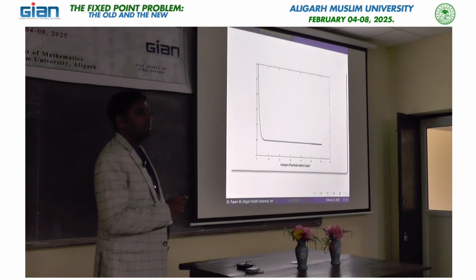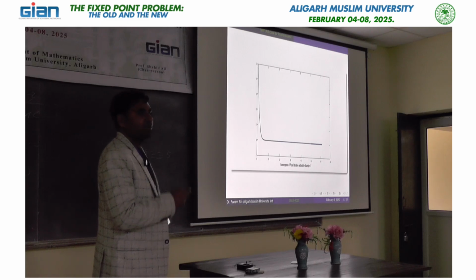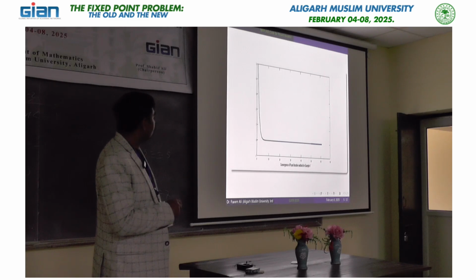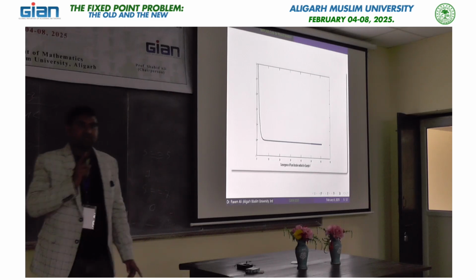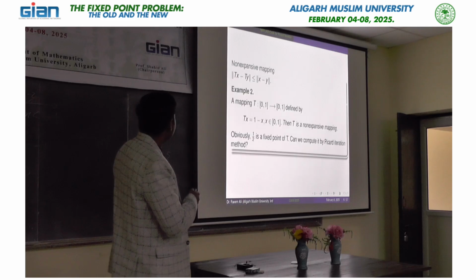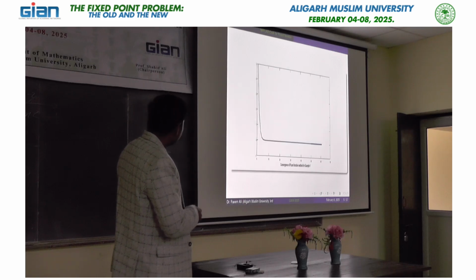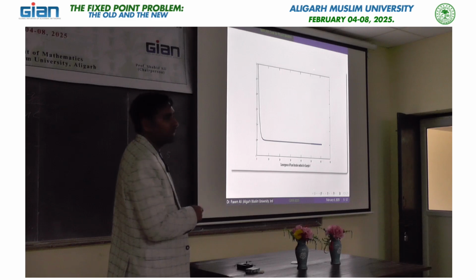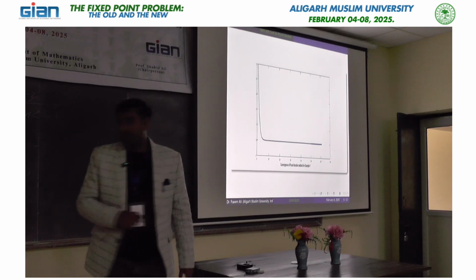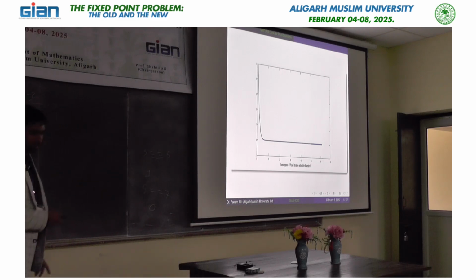Now this is the graph. Here we will see that the Picard iterative algorithm converges to the fixed point of the given mapping Tx equal to x by 3; 0 is the fixed point. So it converges to the fixed point 0. We created this graph using MATLAB. How to draw this graph?